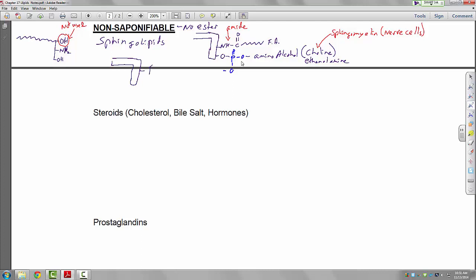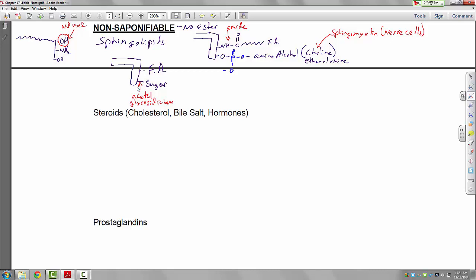We have a fatty acid, an amide bond here, and here we could have a sugar molecule attached to it. Now this was an alcohol, remember, right? And the sugar is attached in a glycosidic bond, which is an acetal bond. An acetal or glycosidic bond.